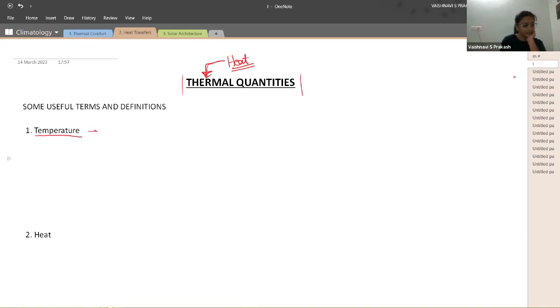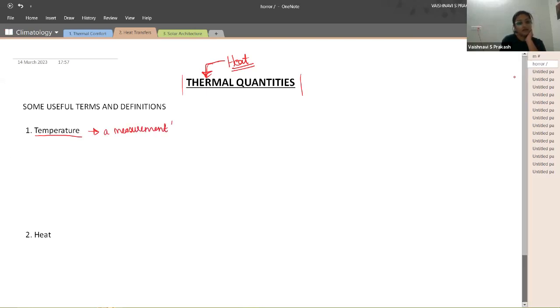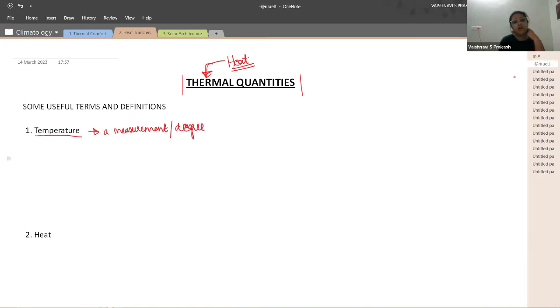It is simply a measurement or a degree of intensity of heat. It simply measures how hot or cold a body is, right? So it's simply hot or cold. And if you quantify this in a scale, that becomes your temperature.